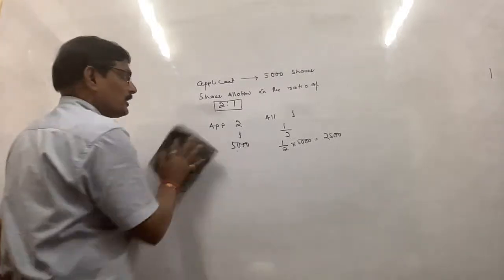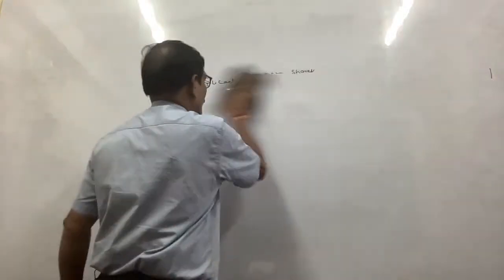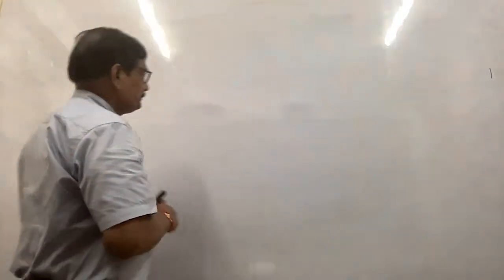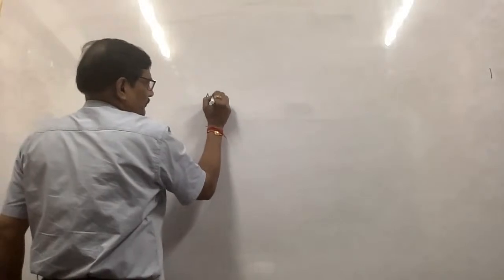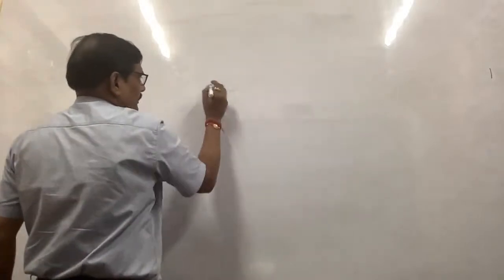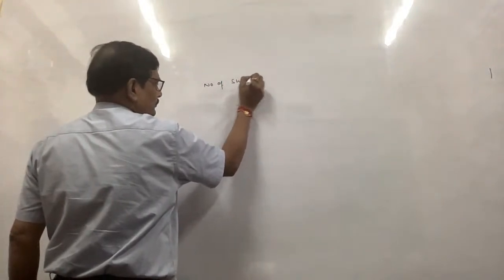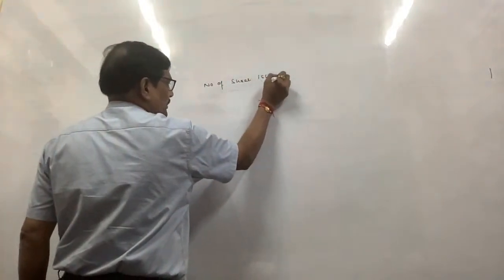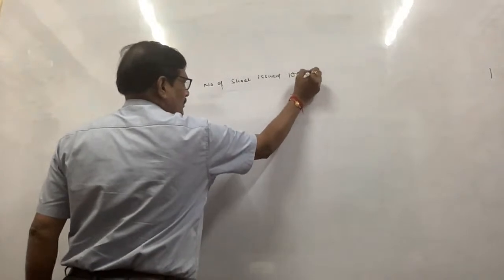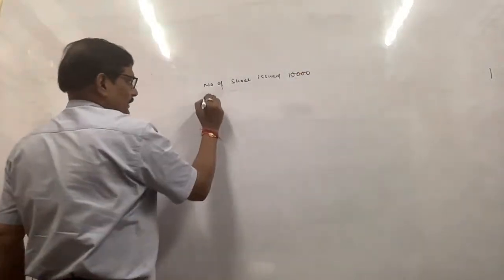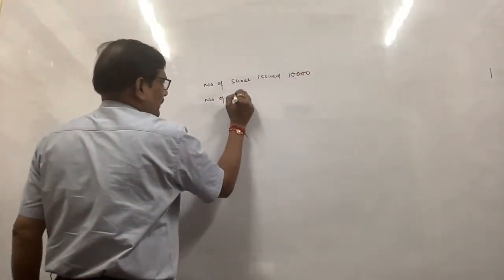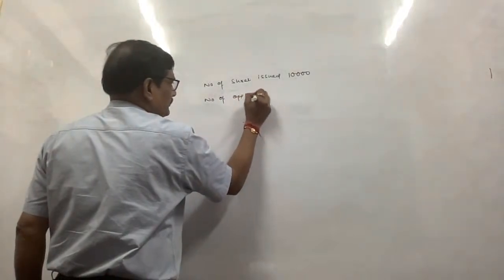One more calculation you see. Number of shares issued 10,000.